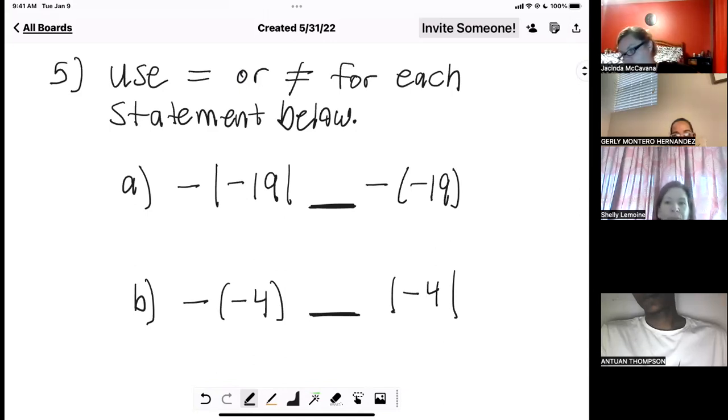Simplify the left, simplify the right, and then see if they're the same number. Another way to think about it.